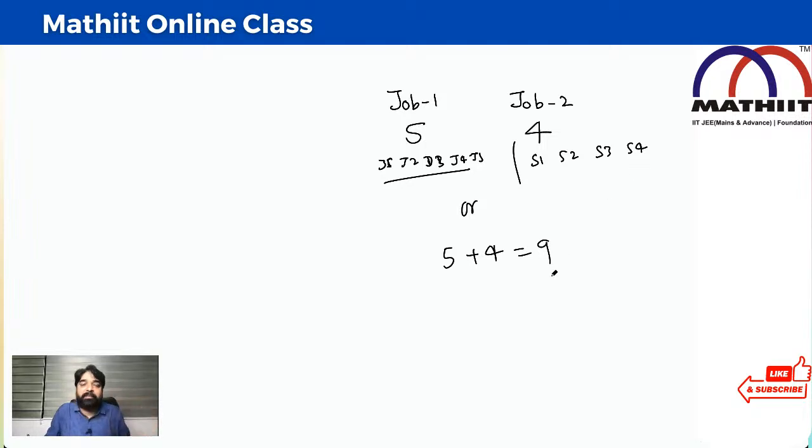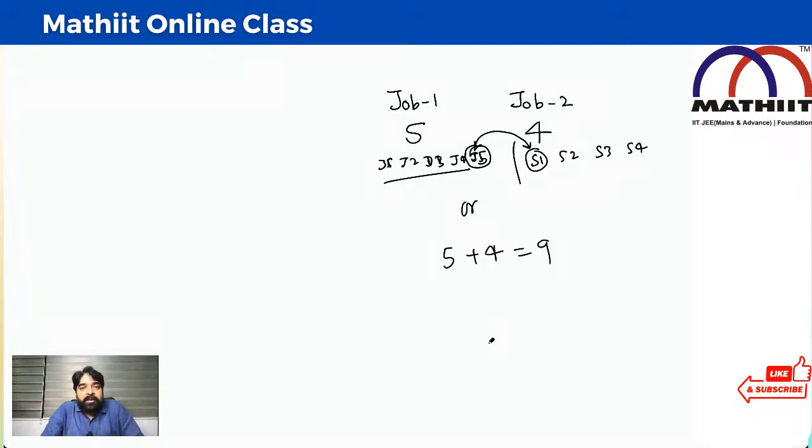The total 9 will come. But imagine a situation where, whenever you do J5, S1 is automatically done. Just an imaginary case. Then you cannot say 9. Are you able to understand my question, my point?